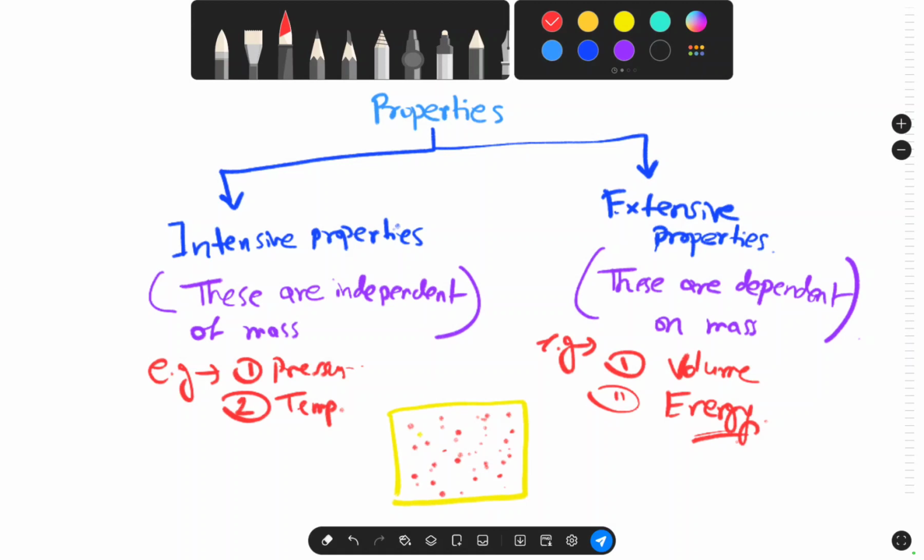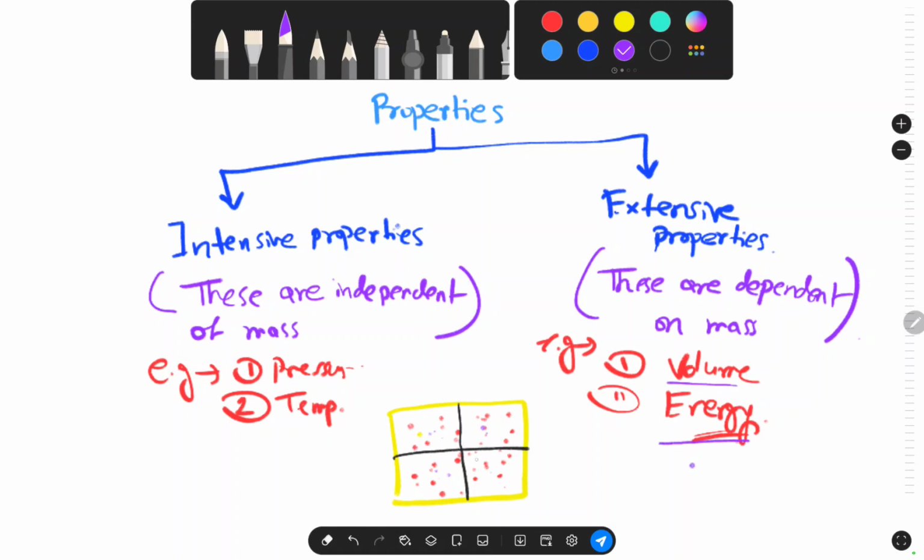Now if we divide this chamber into four equal parts, we easily observe that the pressure in each compartment will be equal, and the temperature in each compartment is also equal, but the volume and energy are different.